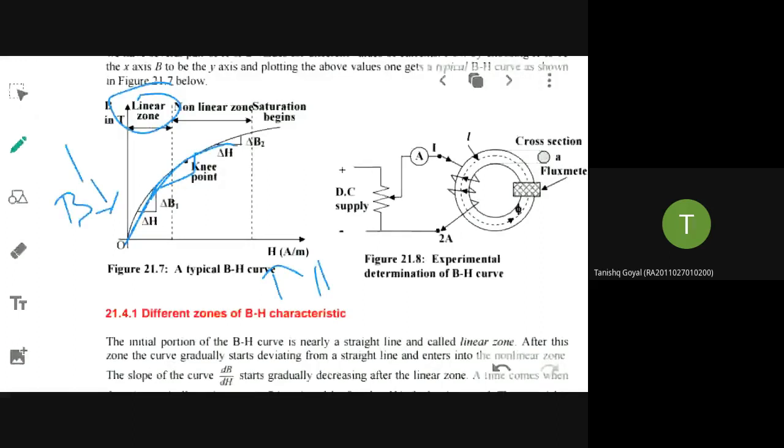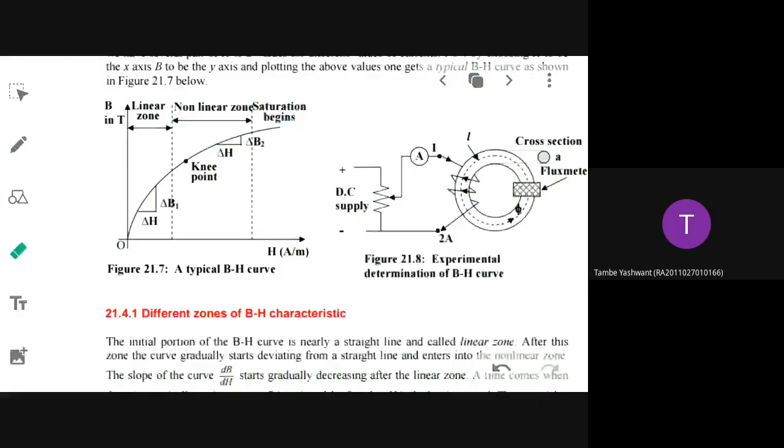And if you go on increasing the H value, finally there will be no change in B; it will remain constant, it will saturate. Understood? The BH or magnetization curve has a linear zone, non-linear zone and saturation zone.